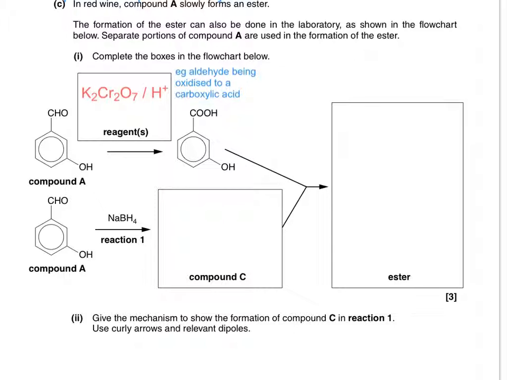So provided you don't deviate chemically from what that says, you'll be fine. So thinking now about the ester, it is obviously going to have a combination of this compound and the reduction, because you're using NaBH4, of this compound.